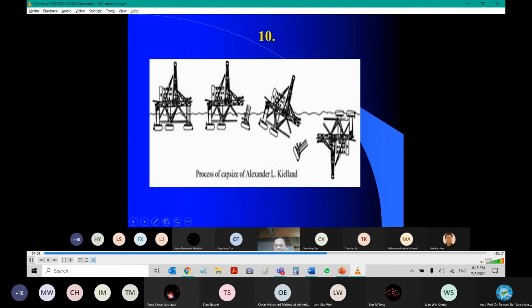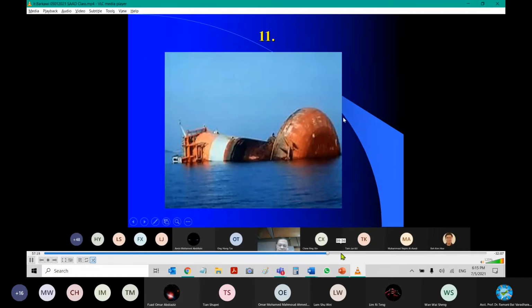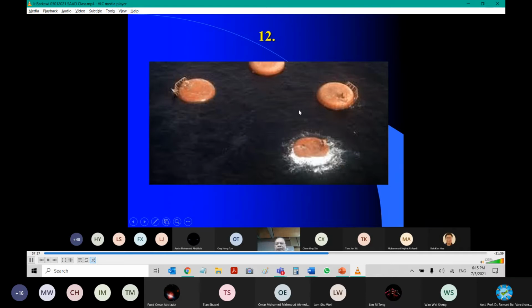So everything just turned around, and what is supposed to be on top became the bottom inside the sea, and the legs are floating at the top. And this is one of the legs that was picked up, that came out. And this is the view of the remaining 4 legs with the structure down.